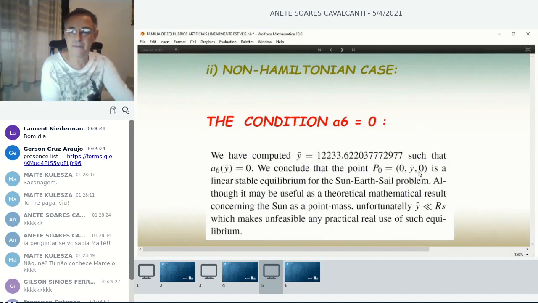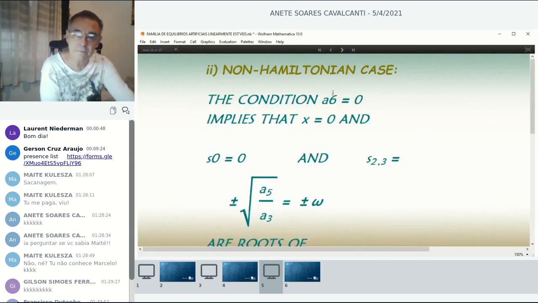So this equilibrium point would be inside the Sun and wouldn't be good for any practical mission. So I apologize, and I come back here, and I have to re-say what I just said, and this observation is correct. I just got confused when I saw this here.